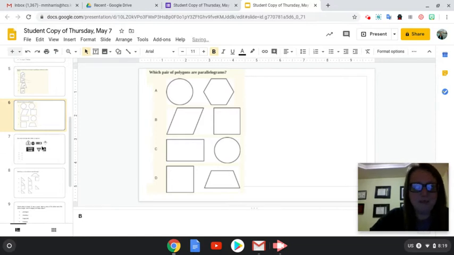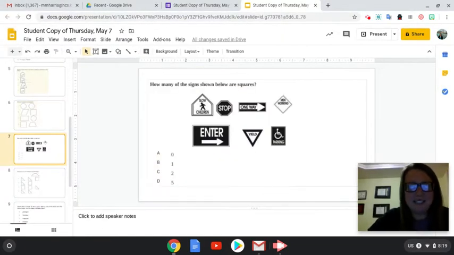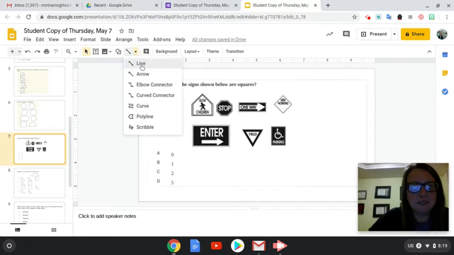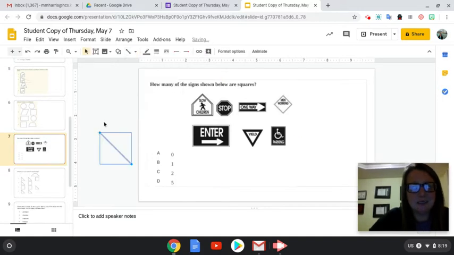Okay. Doing great. It says, how many of the signs shown below are squares? Is this a square? No. Okay. All right.